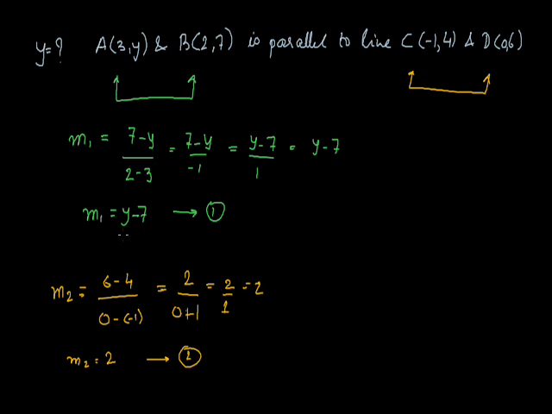two lines. Now it is provided that both these lines are parallel lines. The line joining points A and B and the line joining C and D are parallel lines. Since these two are parallel lines, I can say that the slope m1 is equal to the slope of line m2.